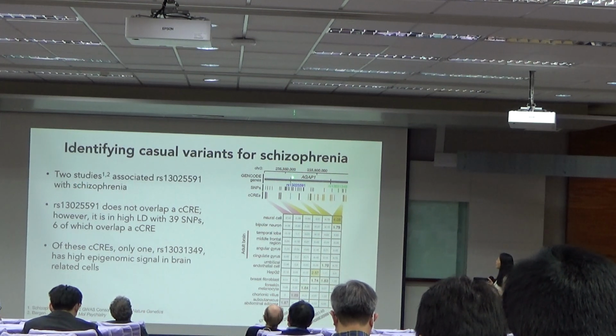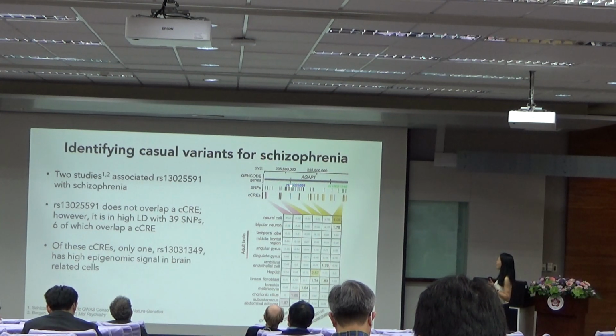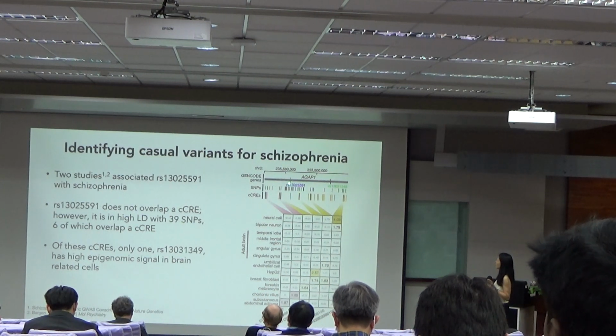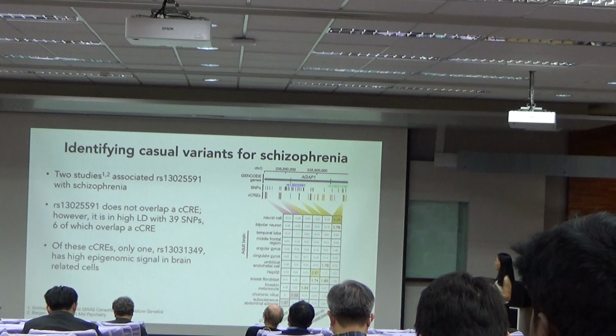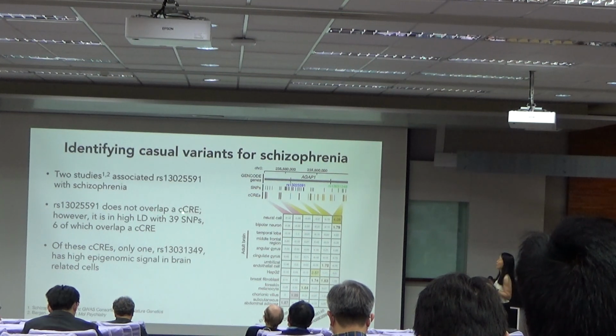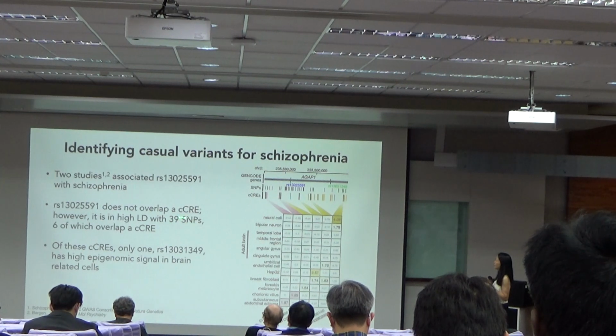I started by saying if the SNP does not overlap any coding gene, there's very little you can do unless you delve into regulatory elements. So here is a SNP that does not overlap coding genes, coding exons, I should be more precise, and it doesn't even overlap a CCRE. However, it's in high linkage disequilibrium with other SNPs which overlap CCREs.